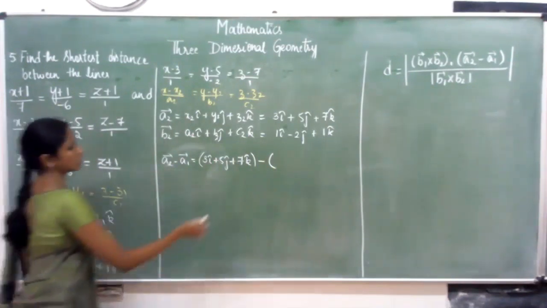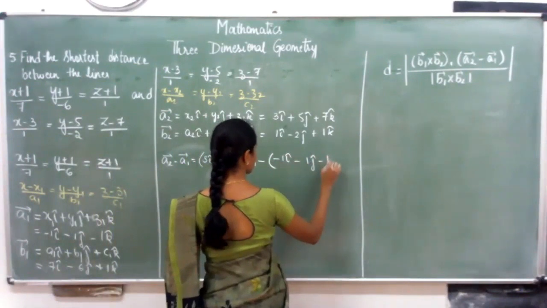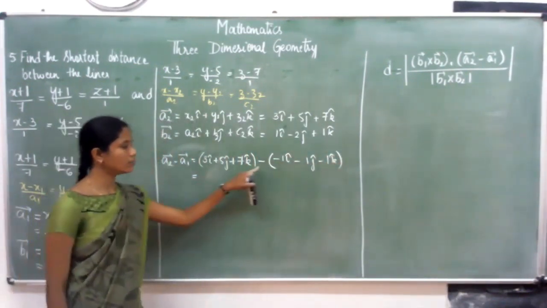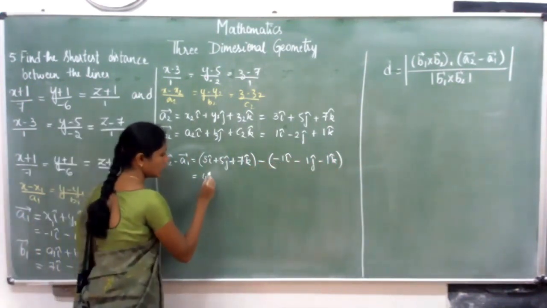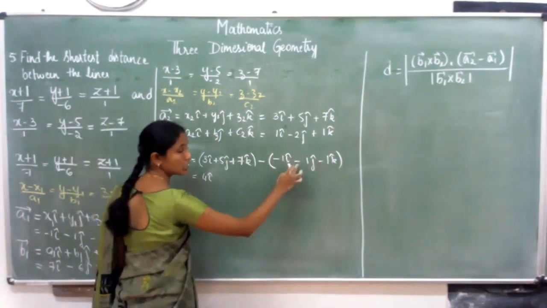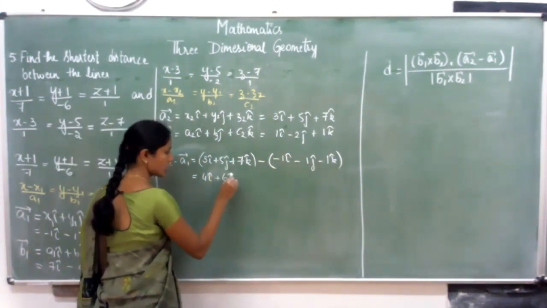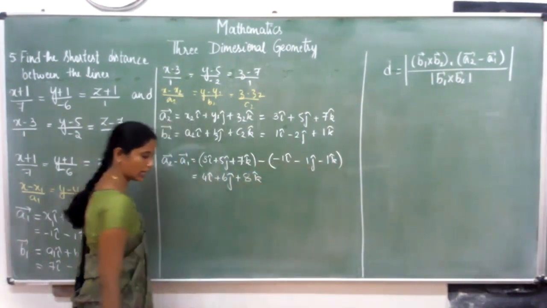Vector a1 is nothing but minus 1i cap minus 1j cap minus 1k cap. Therefore, 3 minus, minus, plus: so 3 plus 1, 4i cap. Then 5, minus, minus, plus: 5 plus 1, 6j cap. 7 plus 1 is 8k cap.